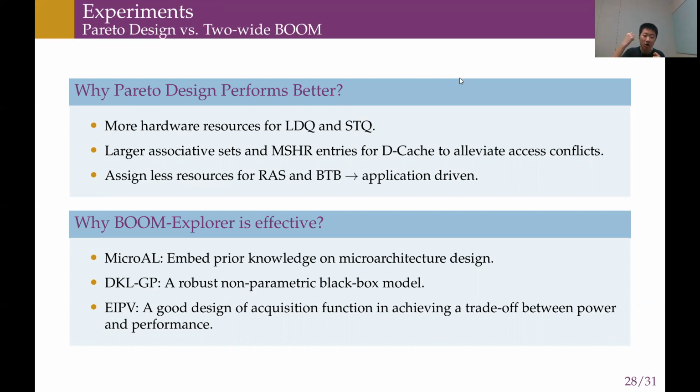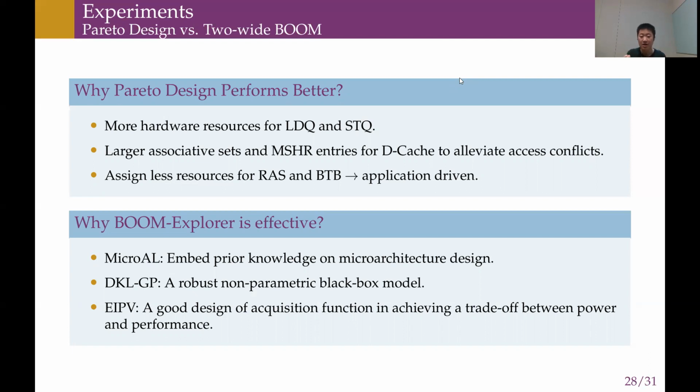So why can our BOOM-Explorer find this design? I think because of 3 factors. First, MicroAL, because we embed prior knowledge of microarchitecture design, so it is specific. Second, it is a robust and non-parametric black box model.